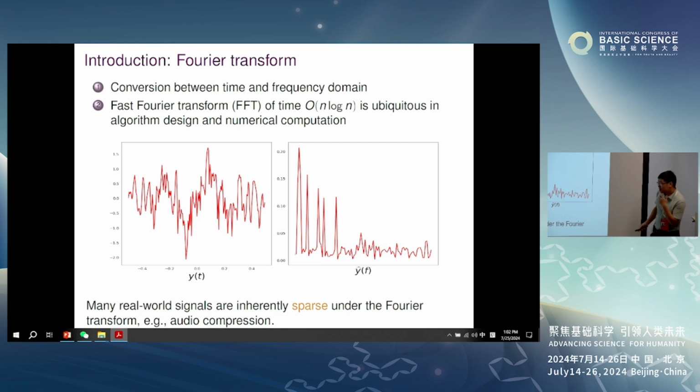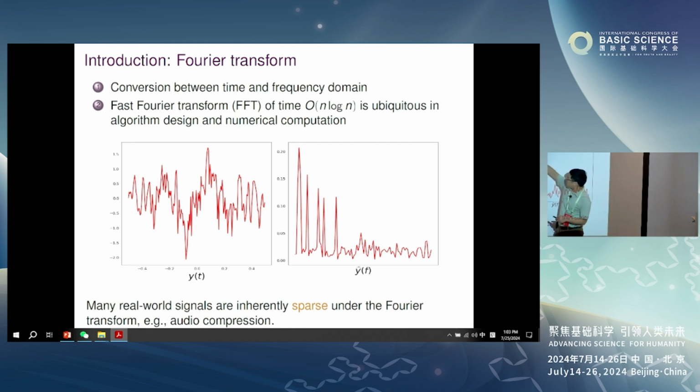One particular reason that the Fourier transform is so useful is that many real-world signals are approximately sparse after the Fourier transform. This fact is a key point in audio compression and image compression. Let's take this signal as a concrete example. There are 5 dominating frequencies in the Fourier transform.